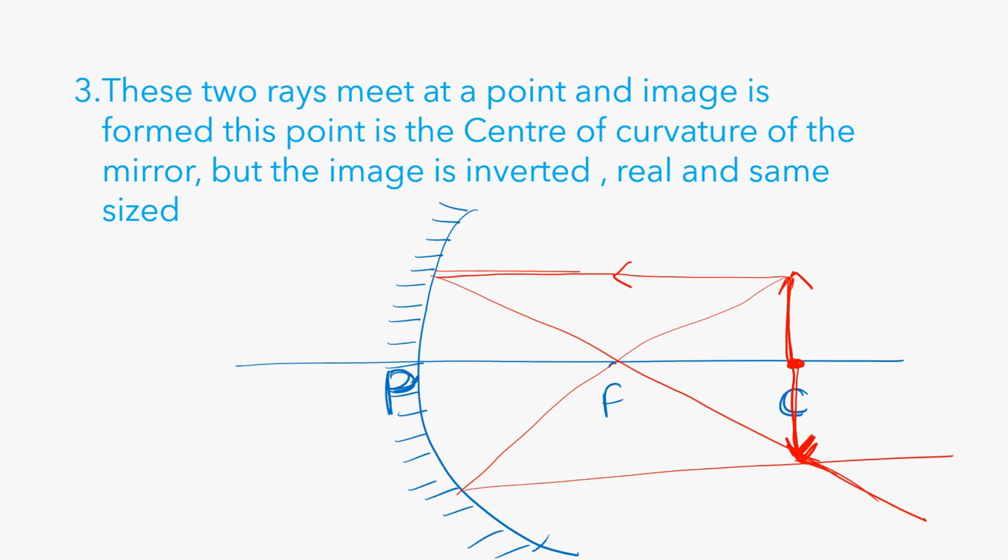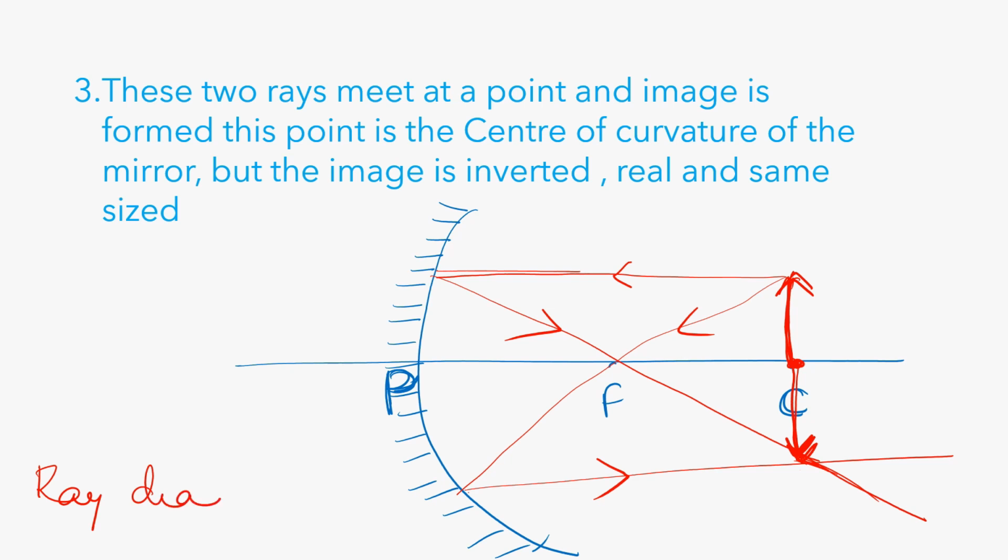Second ray which is passing through the focus and parallel to the principal axis, and this is the first ray passing through focus. So this is the ray diagram of this question.